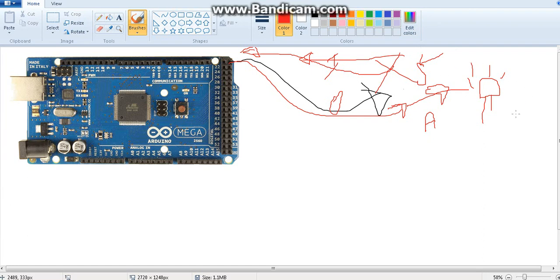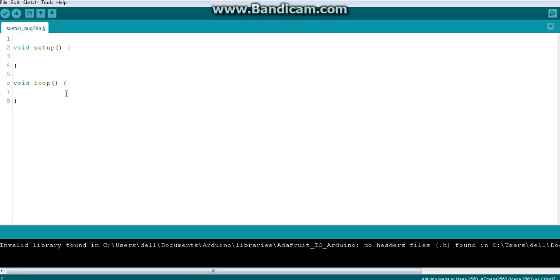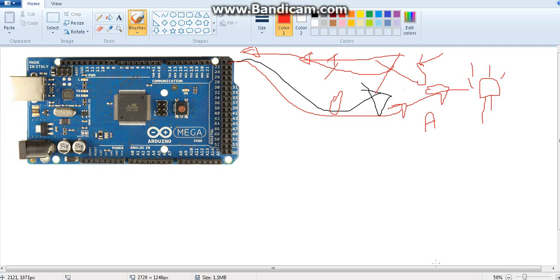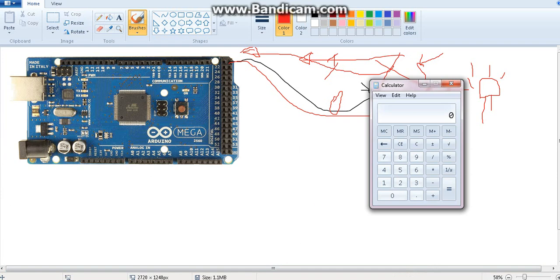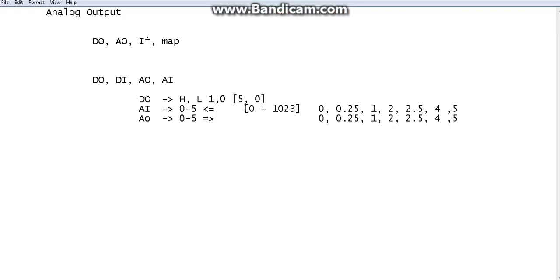So before that, let's get into some concepts. When you are taking an analog input, we display it as 0 to 1023 values.